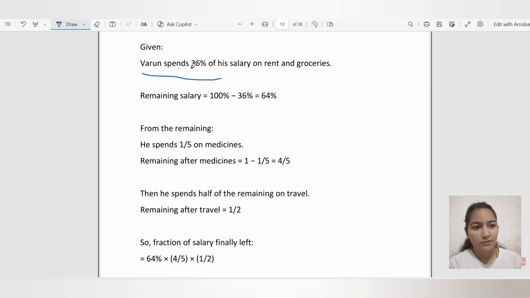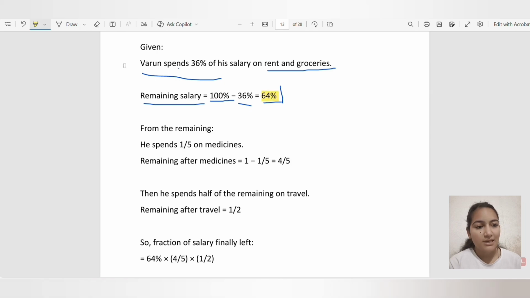Then 36% he spends on rent and grocery, and then there is a remaining salary. Now we have to find the remaining salary, so we will subtract 36 from 100 to get 64. So now his remaining salary is 64%.